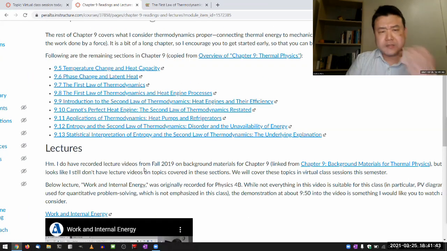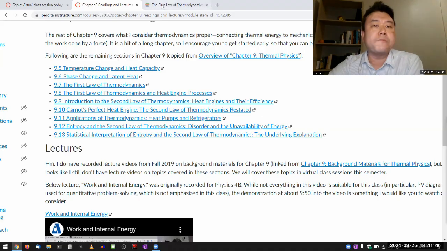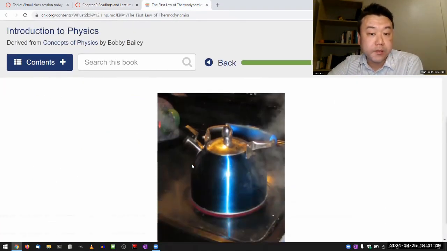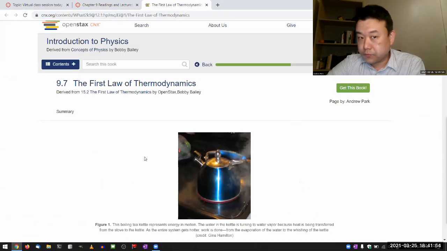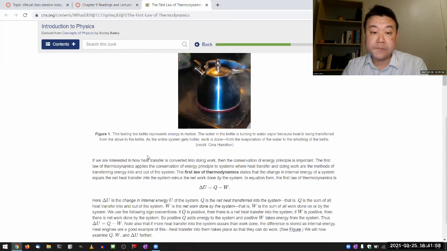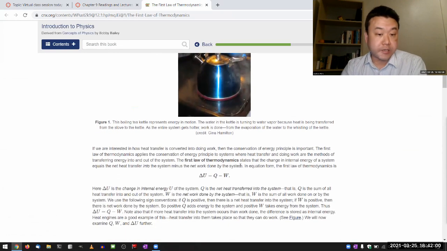So let me start out with the first law. The first law of thermodynamics is something that should actually be familiar to you at the basic level of concepts, and it says something interesting.